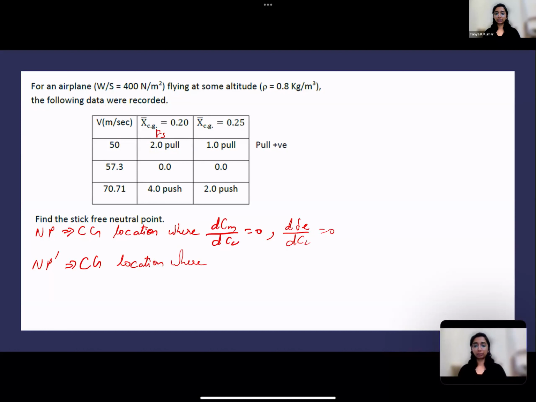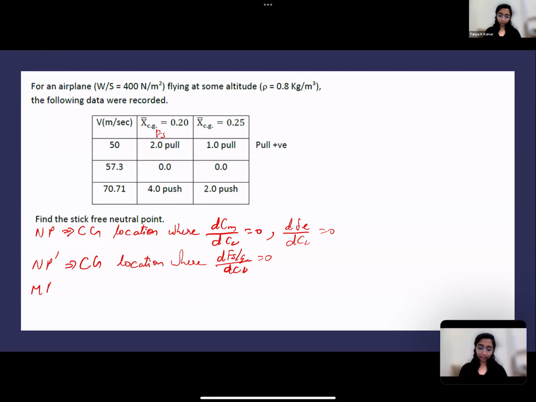For stick fixed, it was d delta E upon dCL. For stick free, it is dFs by Q by dCL. Correct?